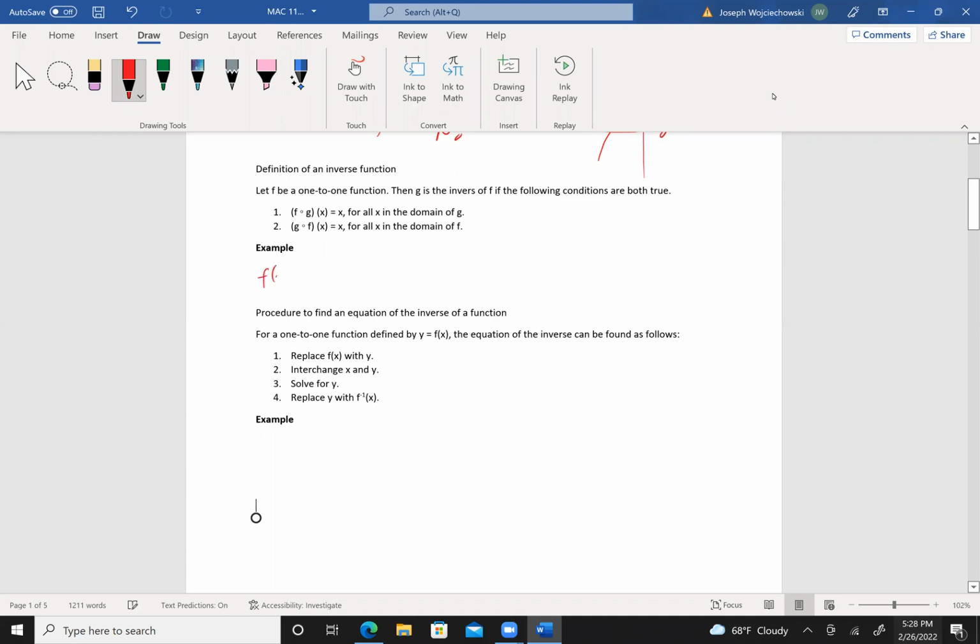f of x equals x plus 6 over 2, and g of x equals 2 times x minus 6. So let's see if they are inverses. So the composite of f and g of x means place g in for x for every x.